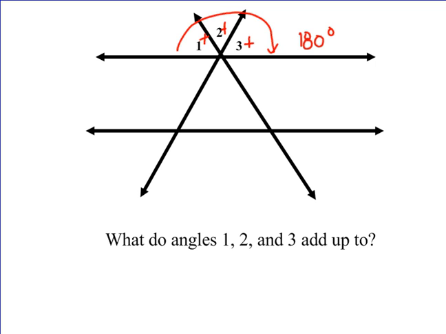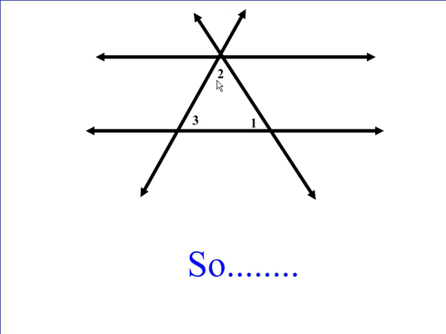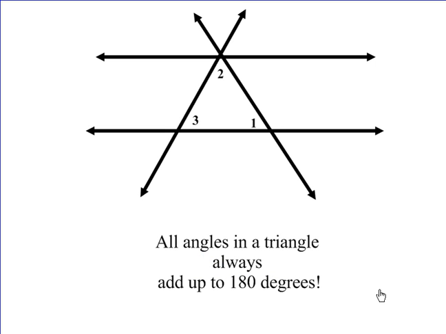Well, if that's true, the interior of the angles must mean that all angles in a triangle always add up to 180 degrees. So we want to keep that in mind, and this is a proof for the angles of a triangle. This is why all angles in a triangle do add up to 180 degrees. So hopefully this explains a little bit about geometric relationships.